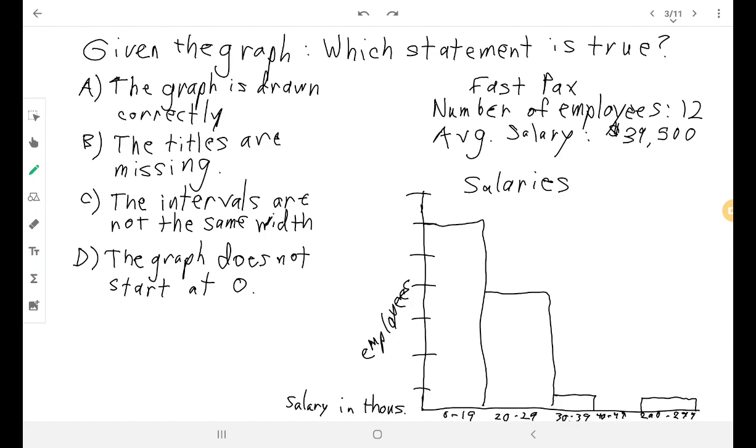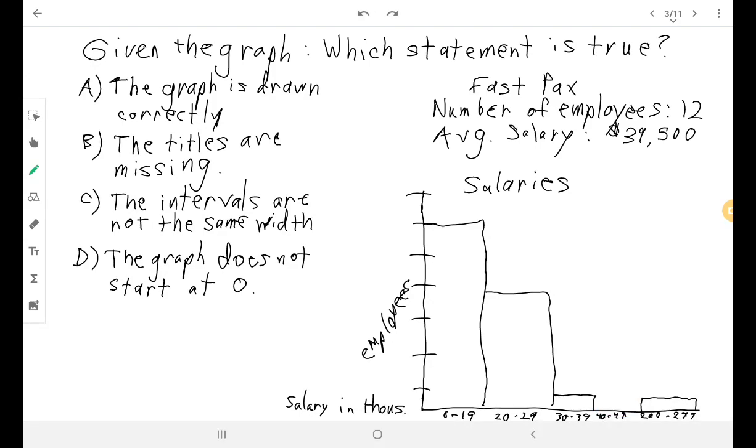So is this graph drawn correctly? Well, not really, right? Look, we go from 40 to 49 and then skip a whole bunch of stuff. And not only do we go from different measures, we're going from 0 to 19 here, so that's a $19,000 gap, and then we've got a $9,000 and a $9,000 and a $9,000 gap.